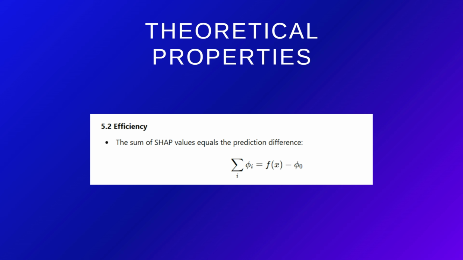Here's the issue. Theoretically, SHAP values are computed by evaluating all possible subsets of features. And for a dataset with n features, this requires 2 to the power of n evaluations. Here is the exponential growth, and that means the computation becomes infeasible as the number of features increases, especially for large datasets or complex models.